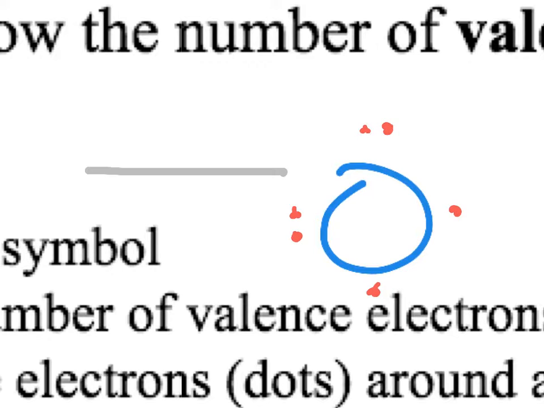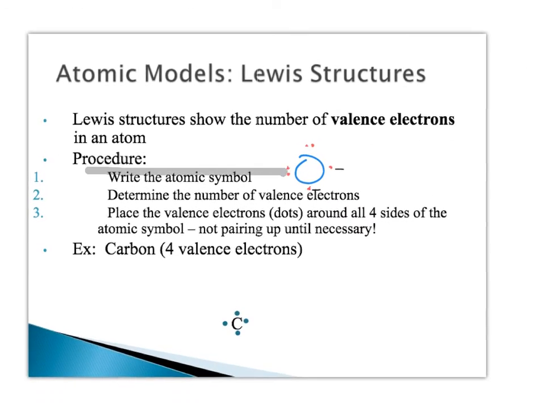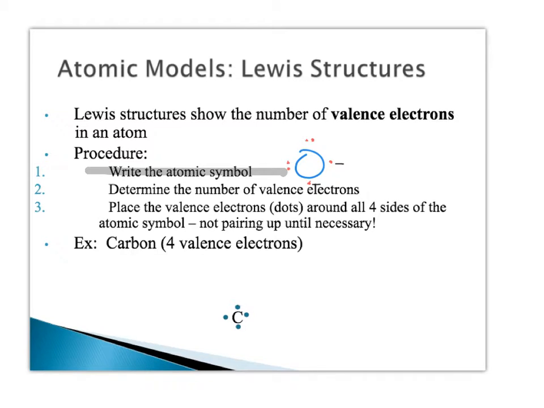So those are my 6 electrons. And as you can see, if I need 2 more, there's a spot for each of these, one right here and one right here, because these electrons are unpaired. The other example down at the bottom right here is carbon. So carbon has 4 valence electrons and its symbol is C.